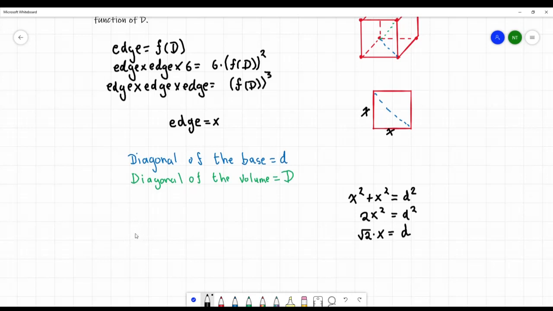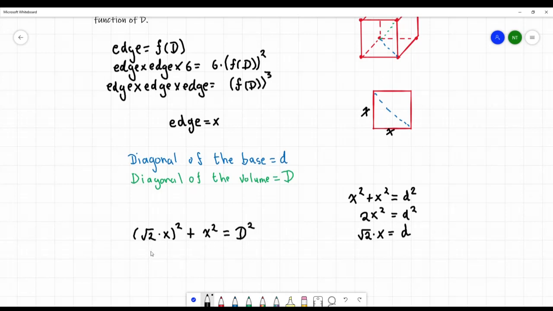To find the diagonal of the cube, it's going to be, as we said, root 2x, the diagonal of the base, squared, plus the edge squared, which is just x squared, is going to equal that diagonal squared, right?